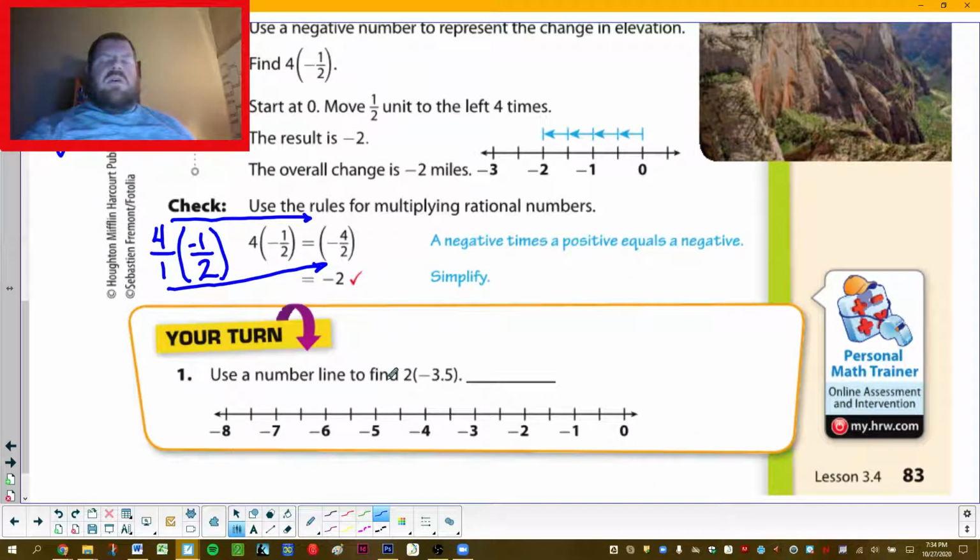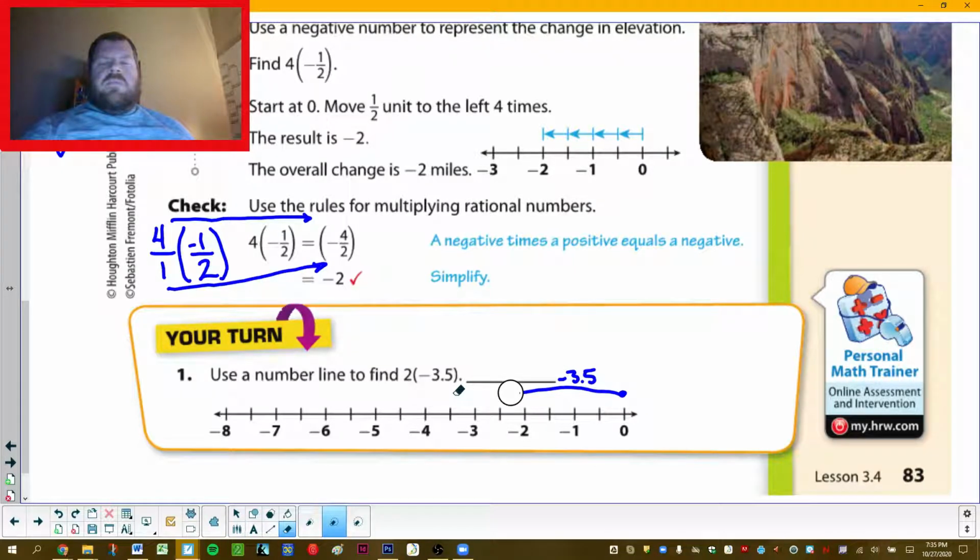In this problem, they want us to multiply 2 by negative 3.5. So we're going to move back from 0, 3.5, 2 times. So if I move 1 time negative 3.5, and then I move another time negative 3.5, oh, I didn't make it 3.5, did I?